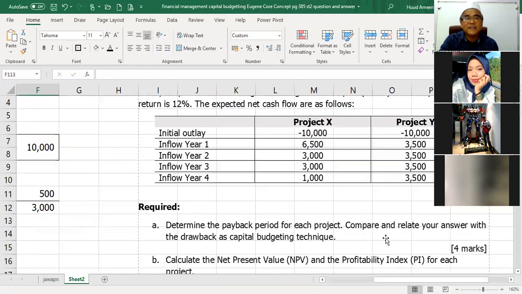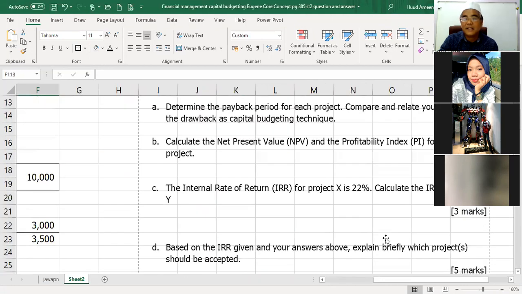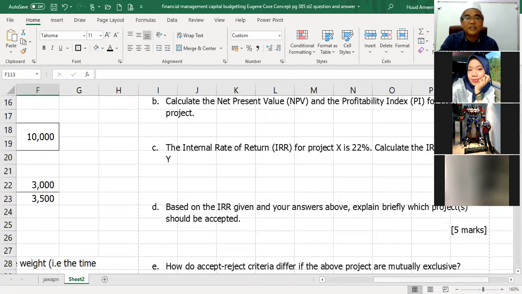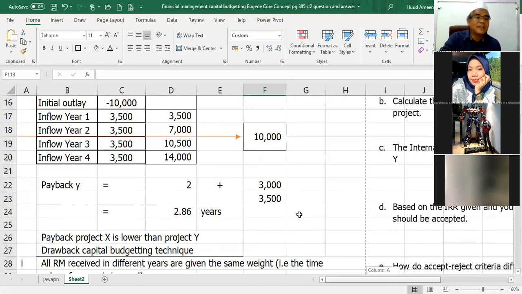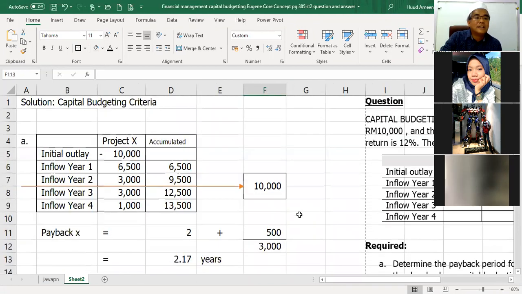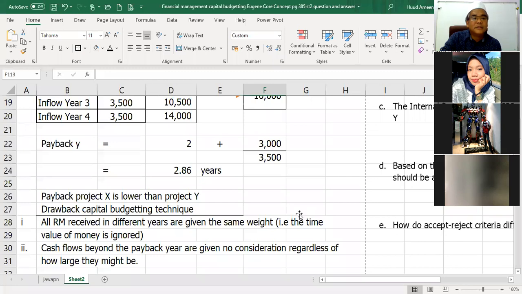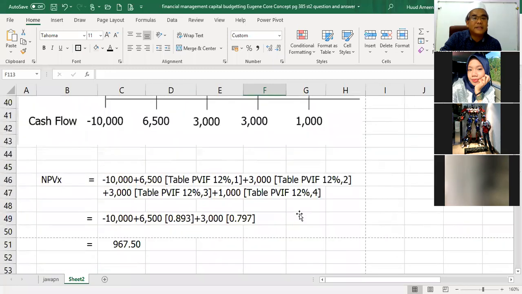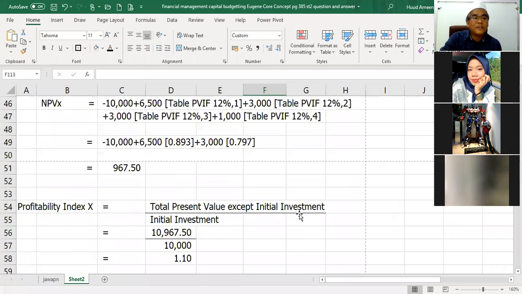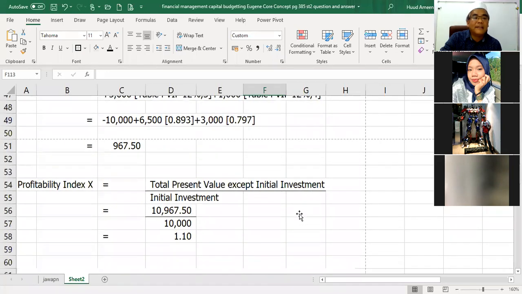So this is the question. The techniques learned or studied today are payback period, net present value, and profitability index, or PI.